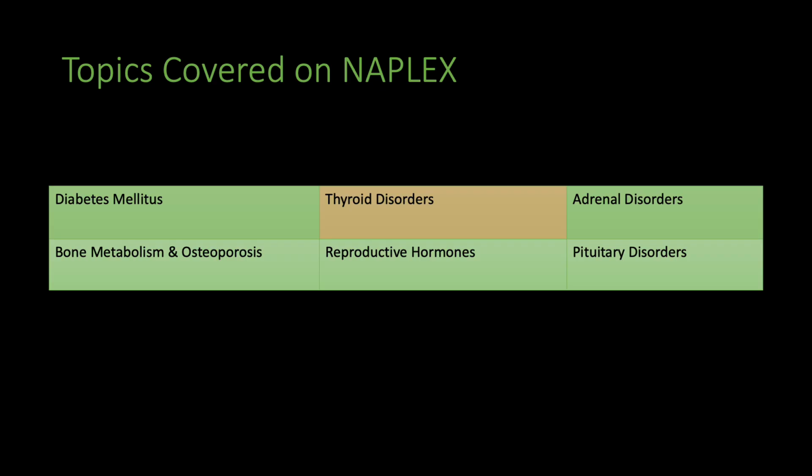We already talked about diabetes mellitus, thyroid disorders is next, and then we will talk about the other disease states in future lectures. So I just wanted to give you an idea of what's covered in the endocrine section here.